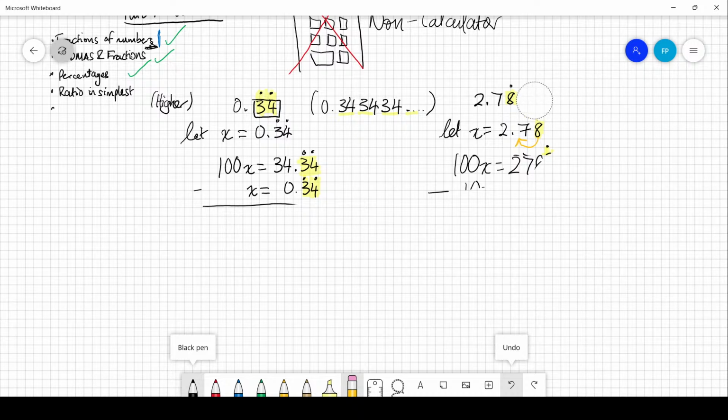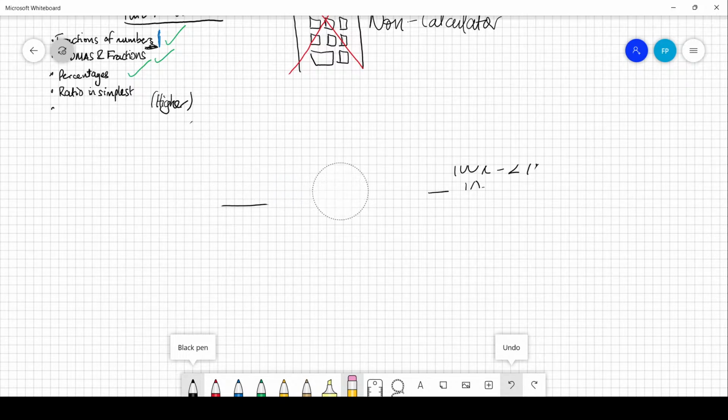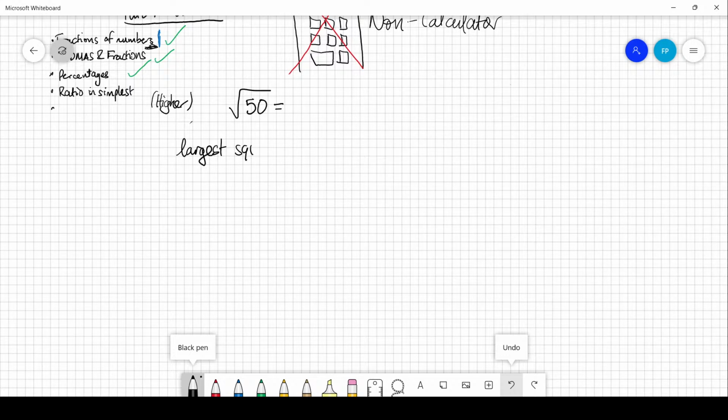Another thing that's on the higher tier paper only will be loads of surds. So our basic surds could be something like, to simplify a single surd, like the square root of 50. What you want to get from here is to look for the largest square number that goes into 50.